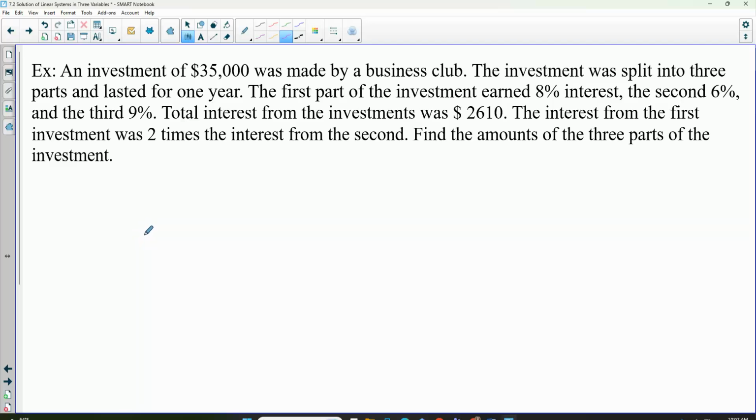An investment of $35,000 was made by a business club. The investment was split into 3 parts and lasted for 1 year. The first part earned 8% interest, the second was 6%, and the third was 9%.